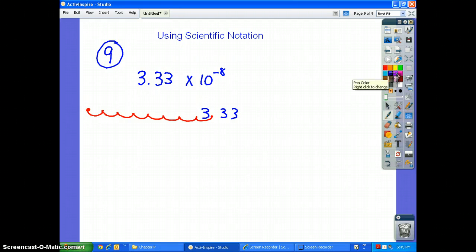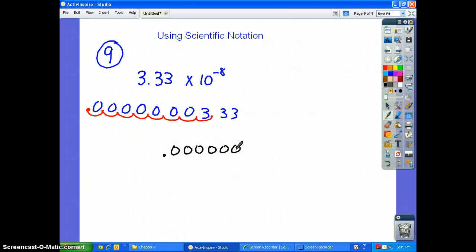In each one of those spaces, you're going to fill it in, and that will represent the number of zeros I have to have. If you count it up, you should have 7 zeros, and because of the position the 3 is in, it represents the negative 8. So your answer for this problem will be a decimal, then 7 zeros, and then 3, 3, 3.